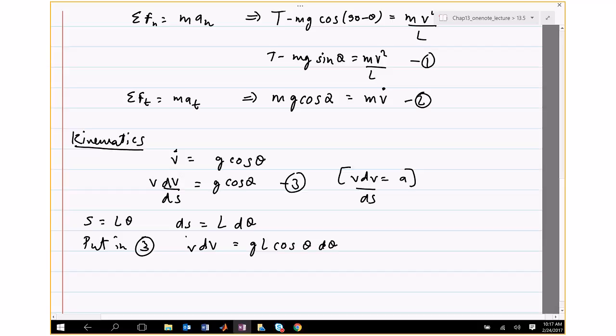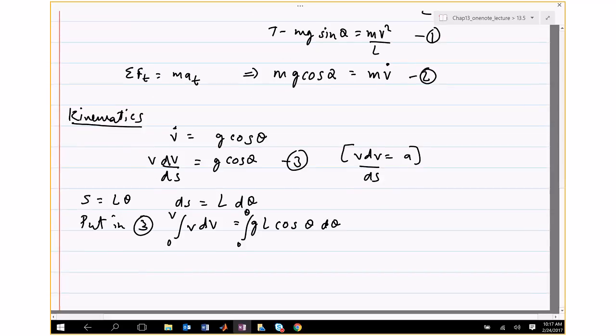Okay, I have to integrate this. The bob starts with velocity equal to 0, and the final velocity is v, which is an unknown. The initial angle is 0, horizontal, and the final angle is theta. If you do that integration, you get v squared equals 2gL sine theta.